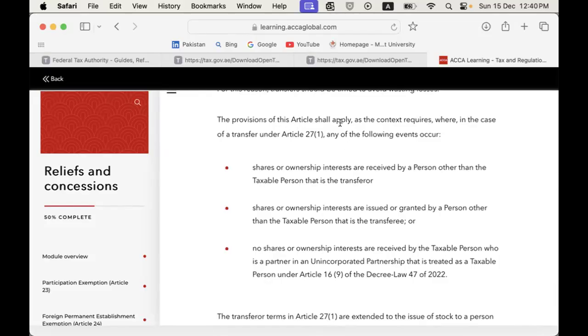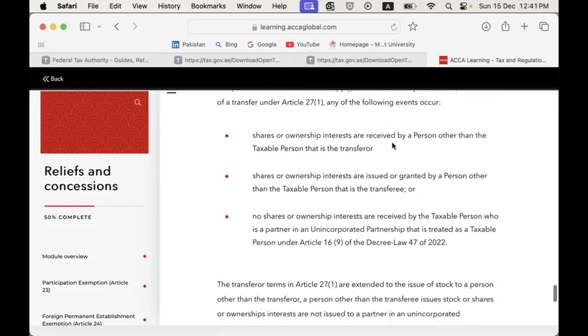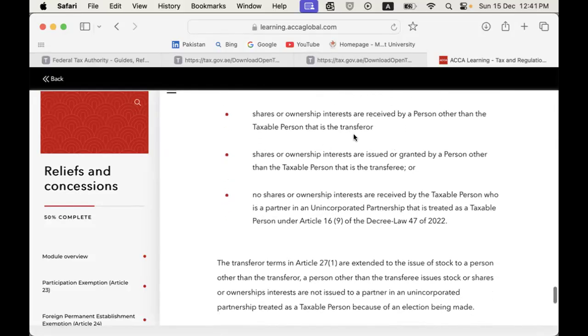Provisions of this article shall apply as the context requires, where in case of a transfer under Article 27(1), any of the following occurs. So it can happen that instead of only two parties, transferor and transferee, there is a third person acting as an agent, right? That's why these things are mentioned here. Shares or ownership interests are received by a person other than the taxable person, that is the transferor.